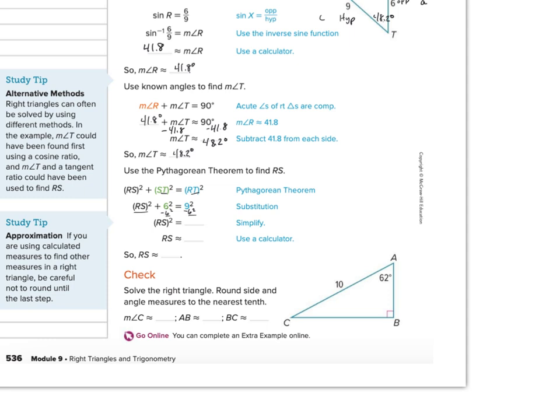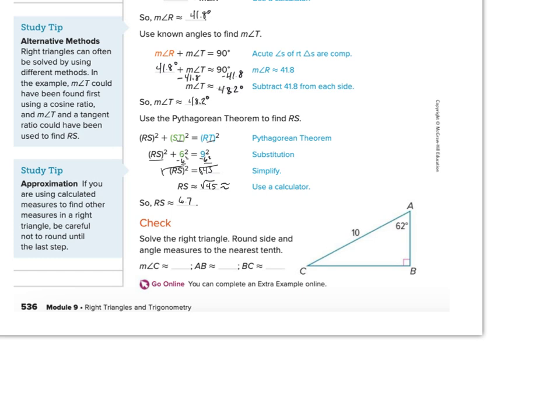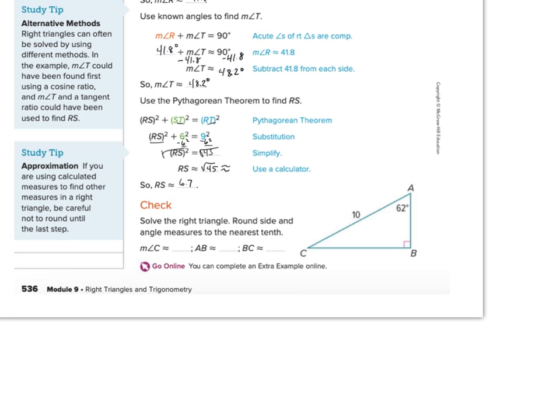Subtracting 6 squared from both sides, we end up with 45. Then we take the square root of both sides, right? So RS is equal to the square root of 45, which is approximately 6.7. It's 6.708, so looking at the tenths place, it would be 6.7. So we were able to come up with that using that information.